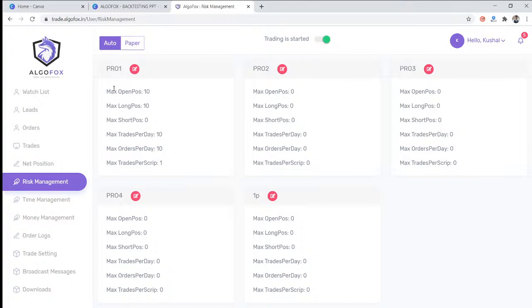And once the max open positions are reached, all the other signals will be smartly ignored. Similarly, max long positions, max short positions, max trades per day, max orders per day, max trades per script, all of this can be defined strategy wise, and using these risk management parameters, you can safeguard your money.